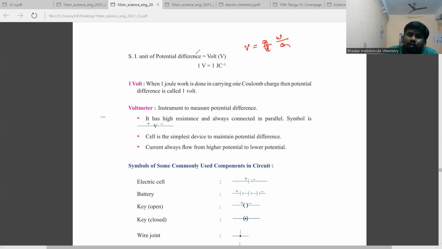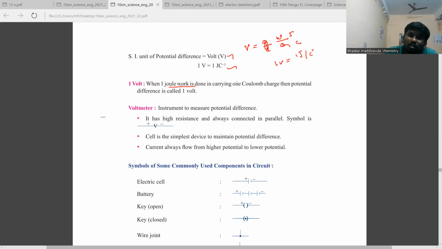Now, the unit of potential difference is the volt. 1 volt equals 1 joule per coulomb. Work is measured in joules and charge in coulombs.